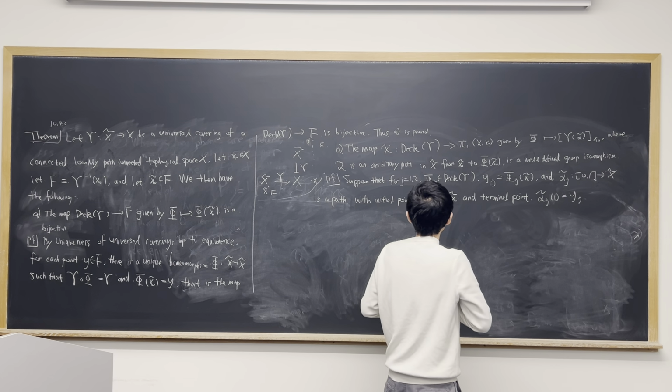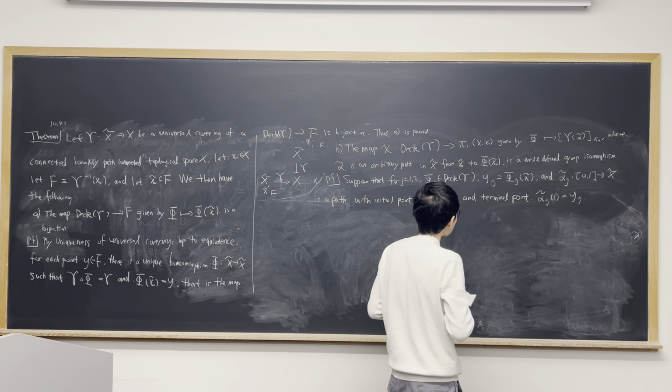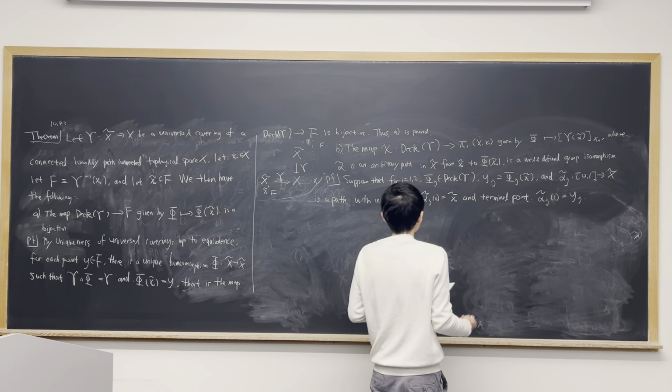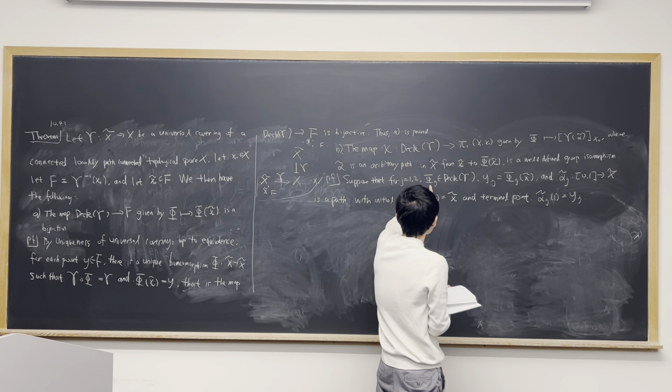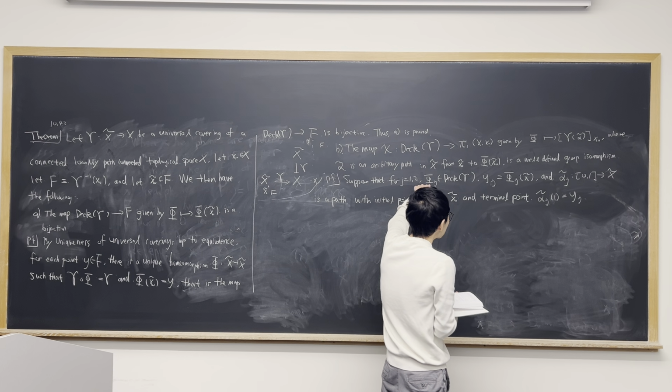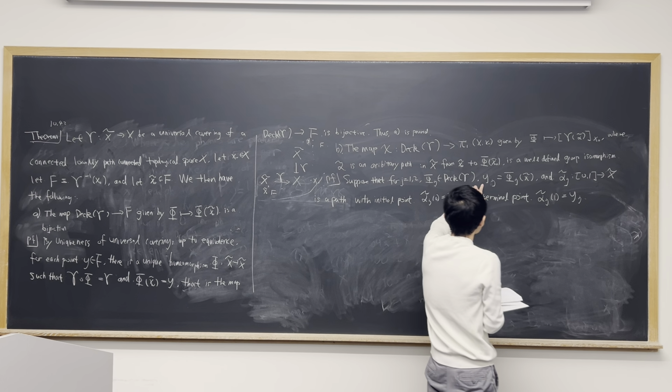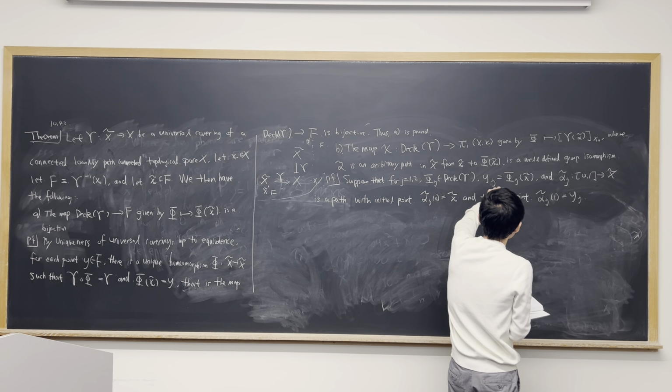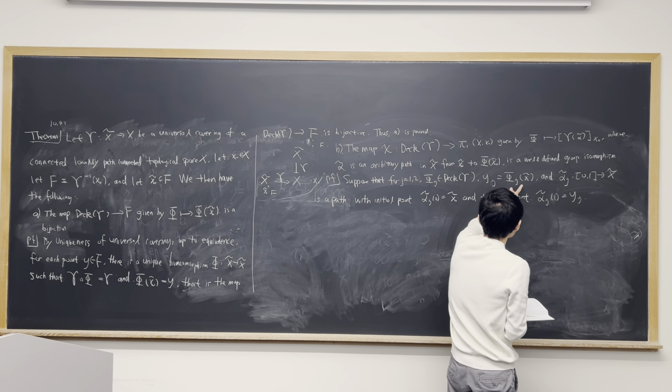So basically what you do here is that you take two elements of the deck transformation, and then you define yj to be the corresponding image of x naught tilde under these two maps.